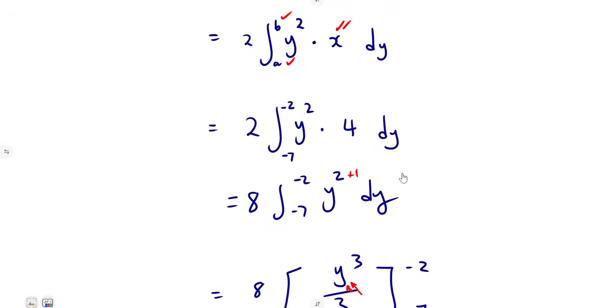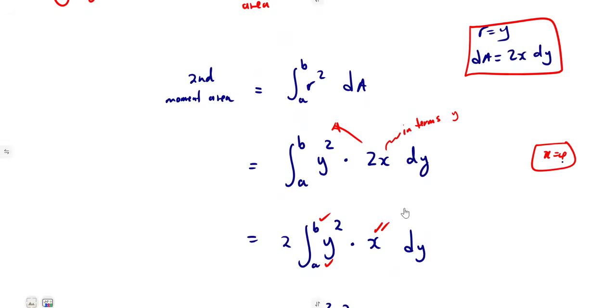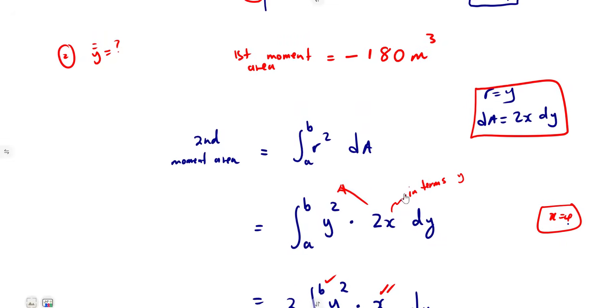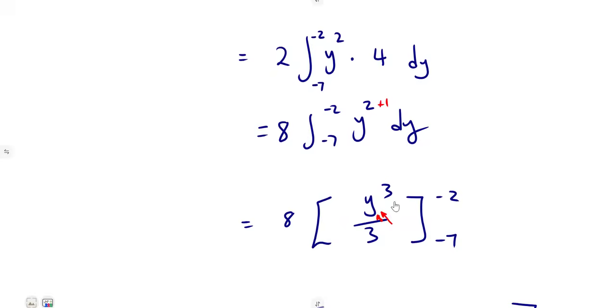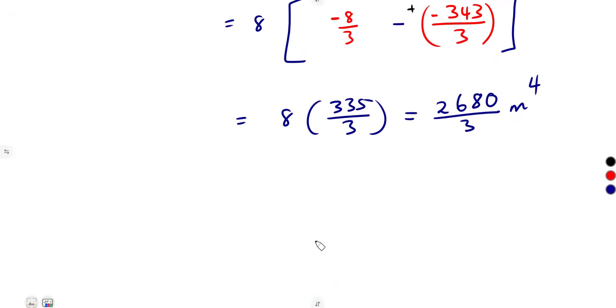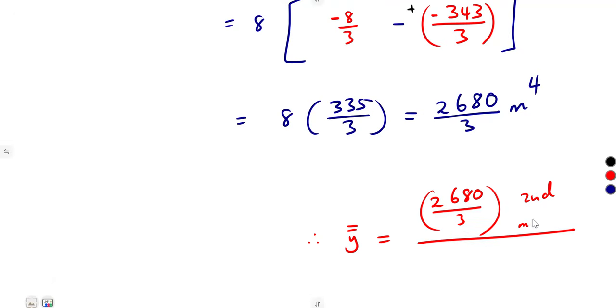Given the first moment of area, guys, we can calculate the depth of center of pressure. This is what you just need. Remember, your first moment of area is given as negative 180. So you're just going to substitute. Therefore, the depth of center is going to be 2680 over 3, which is our second moment of area in meters to the power of 4, over the first moment that you're given, which was negative 180 cubic meters.